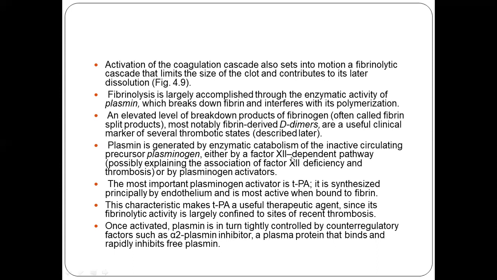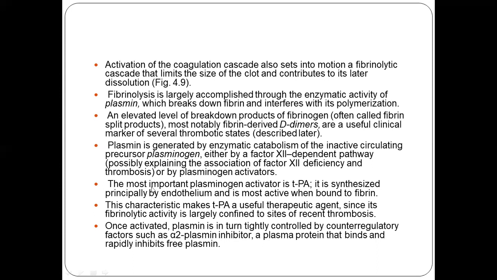You can see here, factor 12 helps in catabolism of plasminogen into plasmin in the factor 12 dependent pathway. So, in factor 12 deficiency, plasminogen will not convert into plasmin, and there will be excess formation of fibrin thrombus.